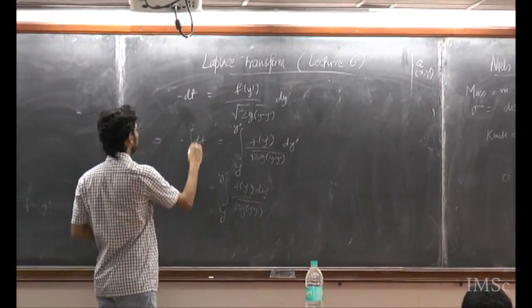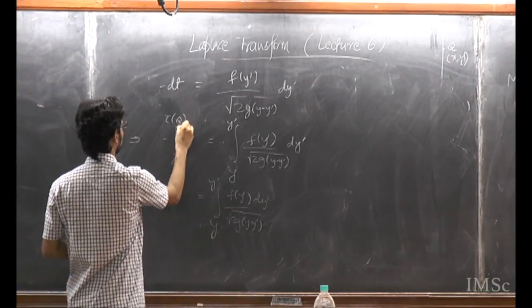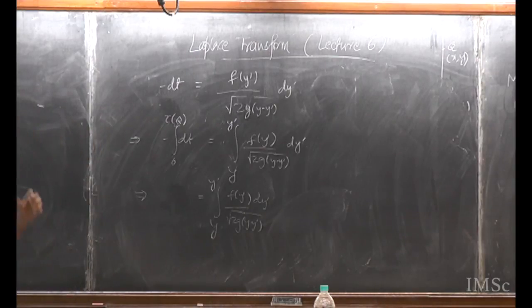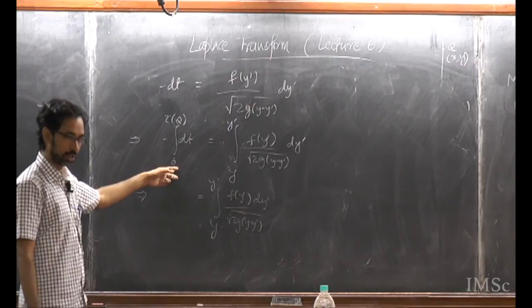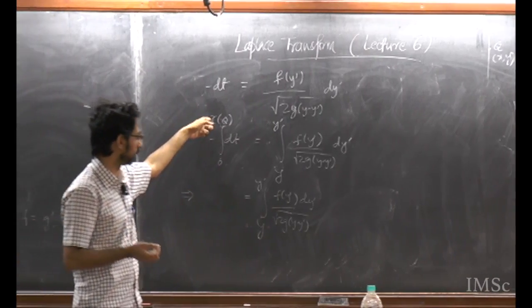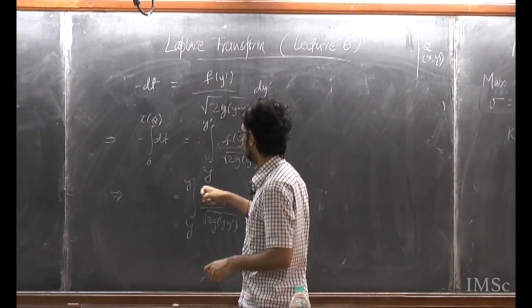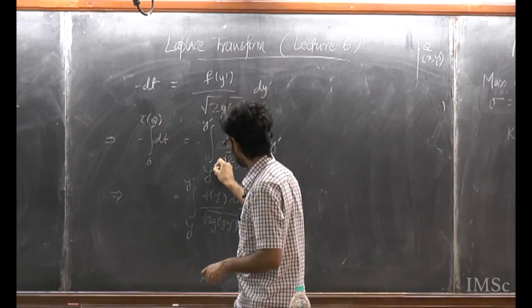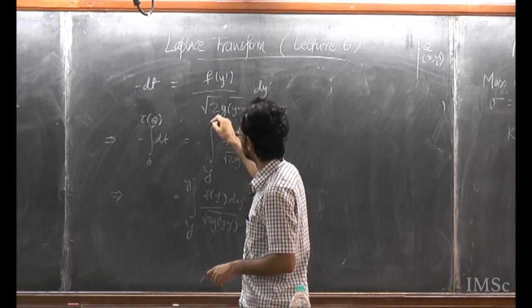So let's integrate it from 0 to tau q. So I integrated from time 0 to the time it takes to land up at the origin. So at time 0, it is at y, and at time tau q, it will be at 0.